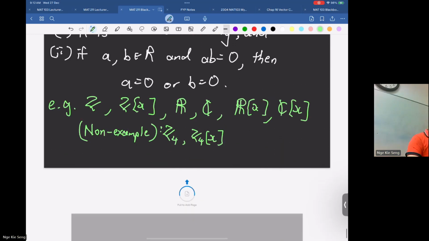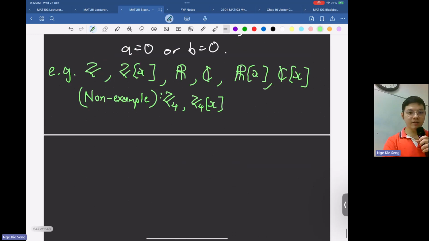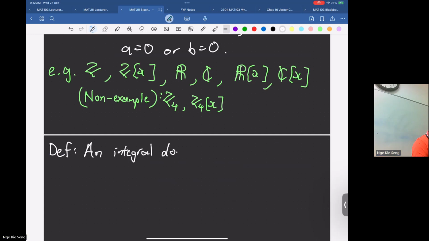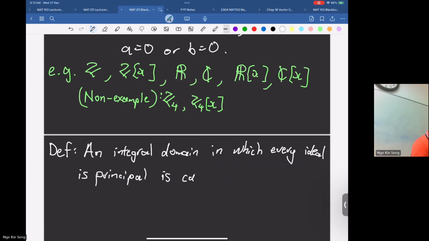Okay. What else? Next, last time I promised you this definition. An integral domain in which every ideal is principal is called a principal ideal domain.